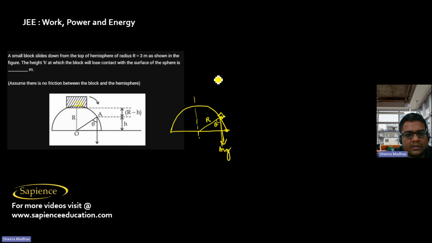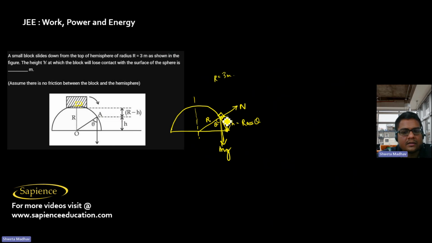radius is 3 meter. So this height is h that they are saying. So h will be equal to r cos theta, obviously. So mg will act, and here normal reaction will act.